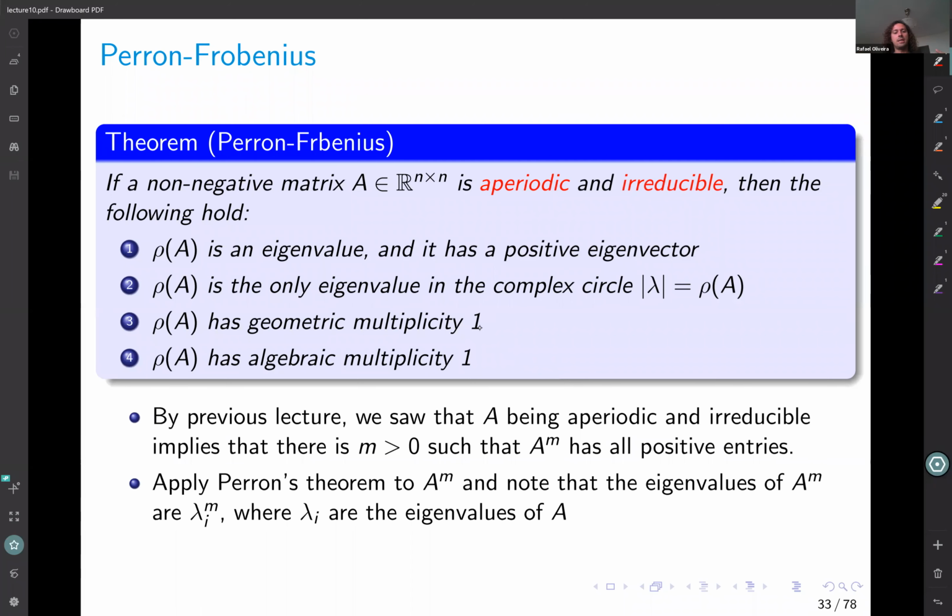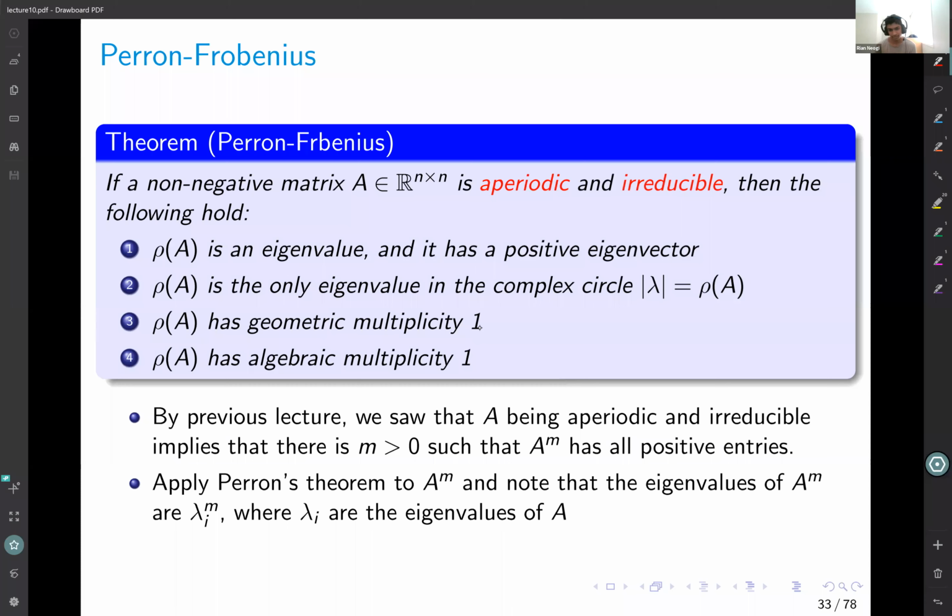If you're talking about uniqueness, like geometric multiplicity one and algebraic multiplicity one, you need irreducibility. Okay, I see. And also there could be many eigenvalues in the complex circle, or the multiplicity would be bigger. Each irreducible component will give you one of these rho of A's.